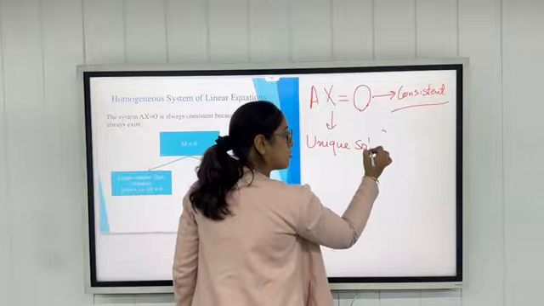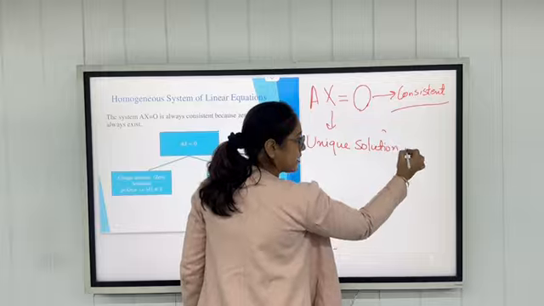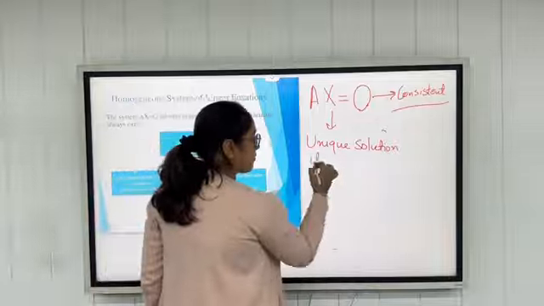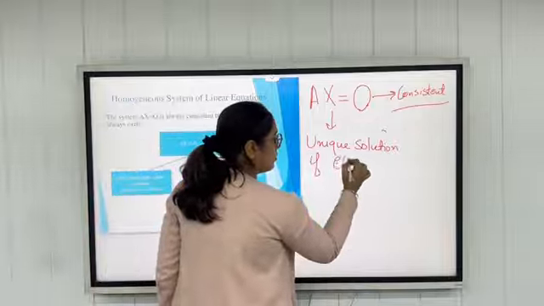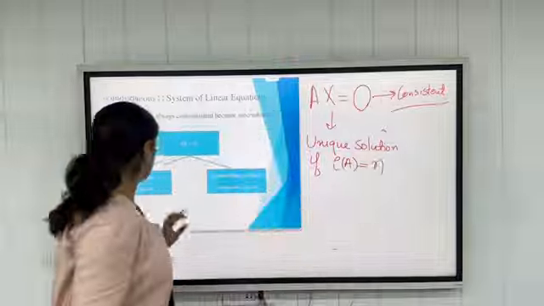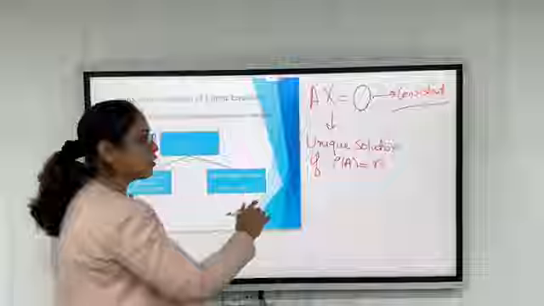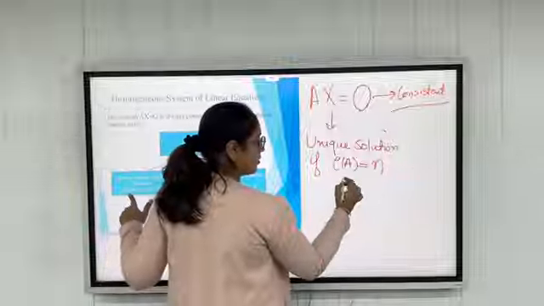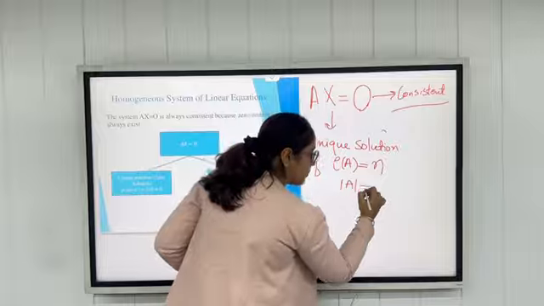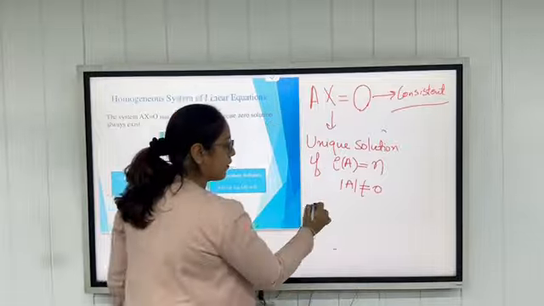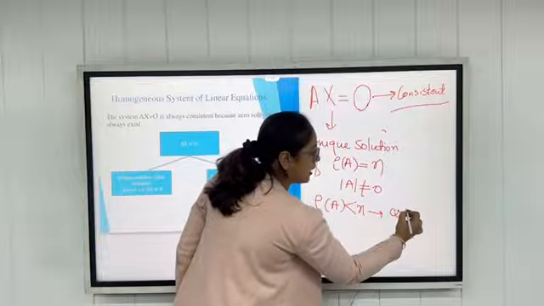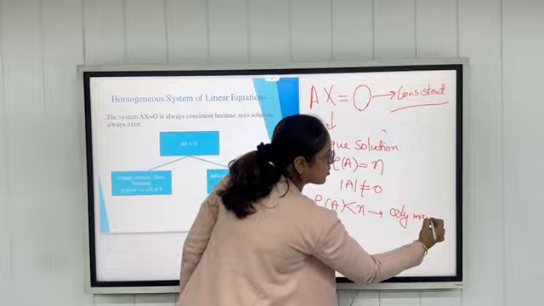Unique solution means it will have a single solution. That means it will only have the 0 solution if rank of A is equal to n. That means the determinant of A, if it is a square matrix, must be non-zero. And if rank of A is less than n, then it will have infinitely many solutions.